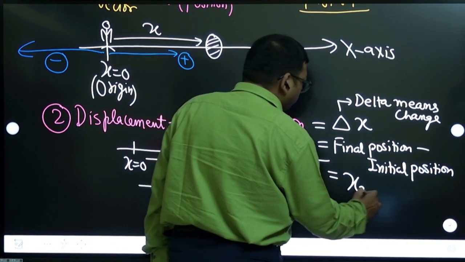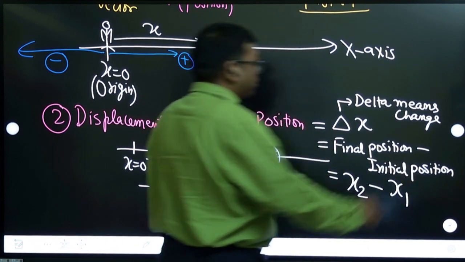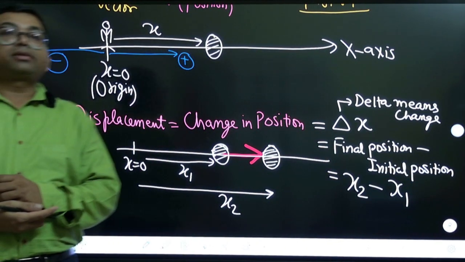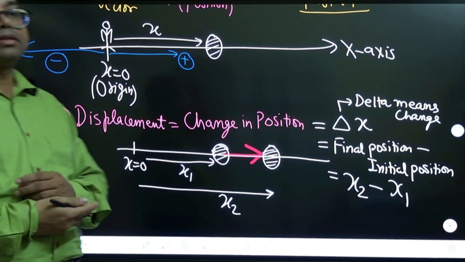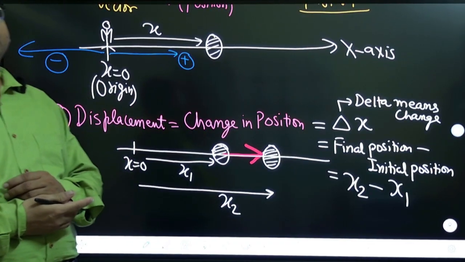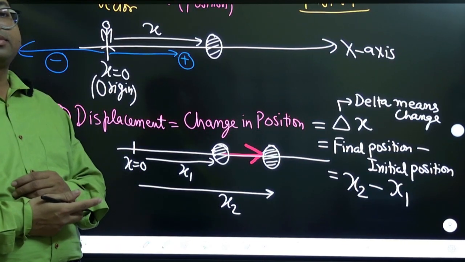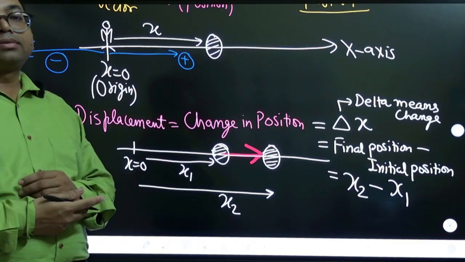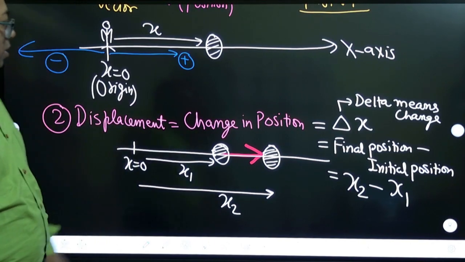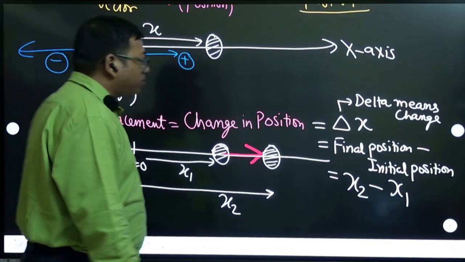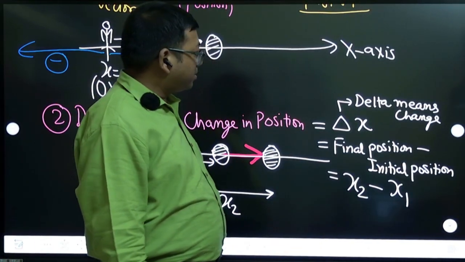So x2 minus x1, this is called displacement. Are you understanding this? Okay, fine. So x2 minus x1, that is called displacement.